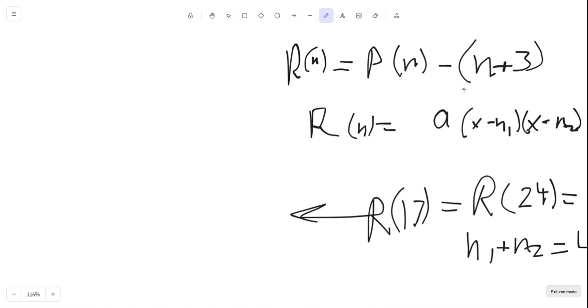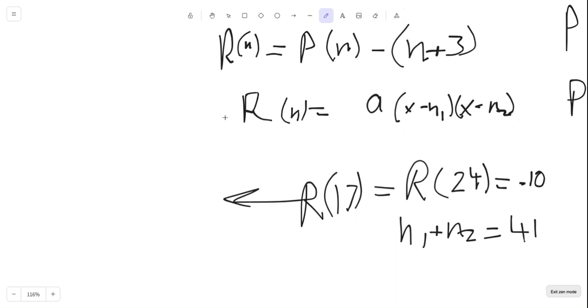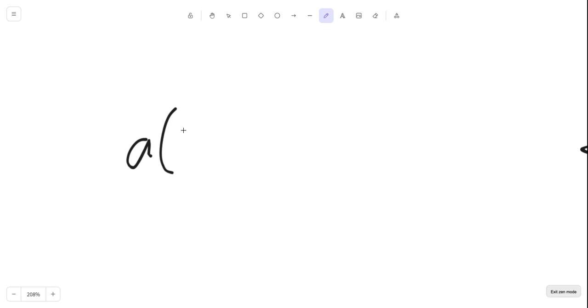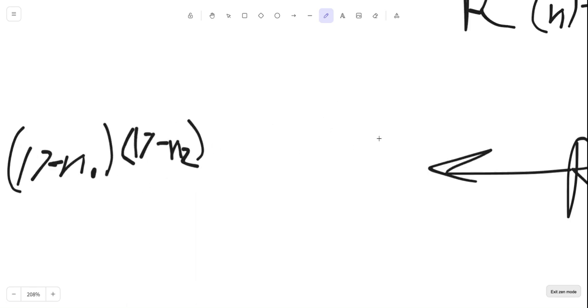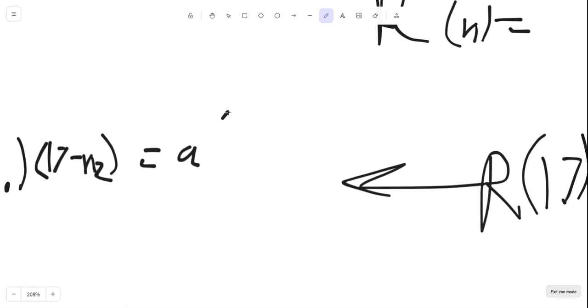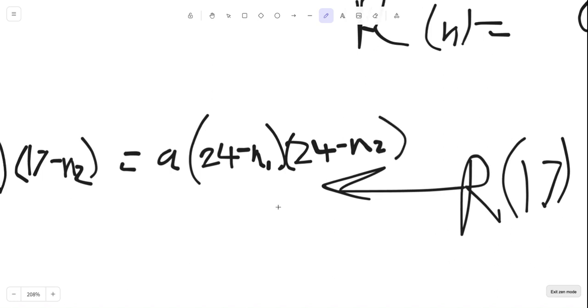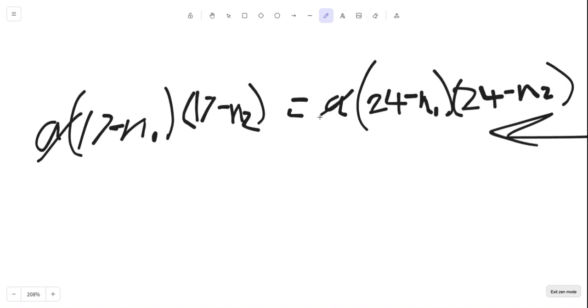If we plug into r of 17, we get a times 17 minus n1 times 17 minus n2, where a is the leading coefficient, by the way. Make sure you don't forget about that. That's equal to r of 24, which is a times 24 minus n1 times 24 minus n2. We can cancel out a.